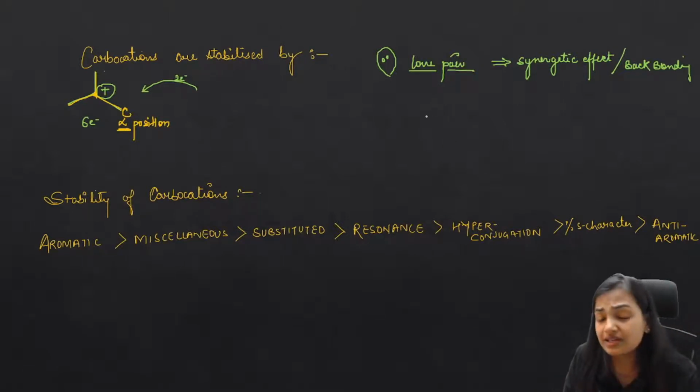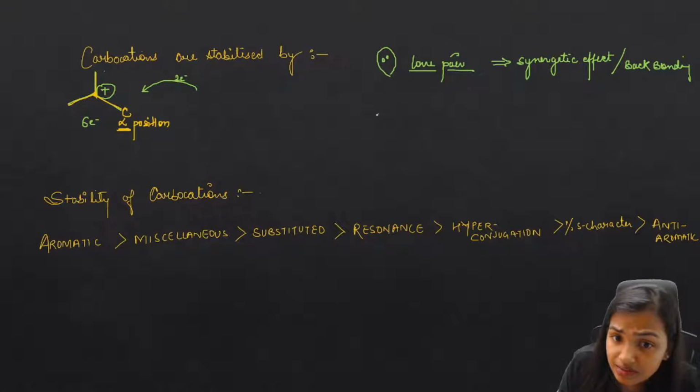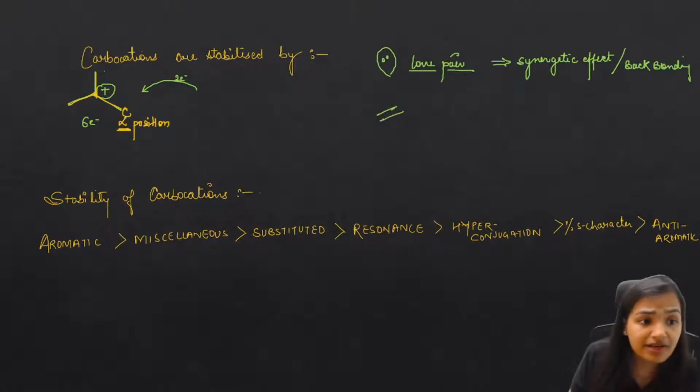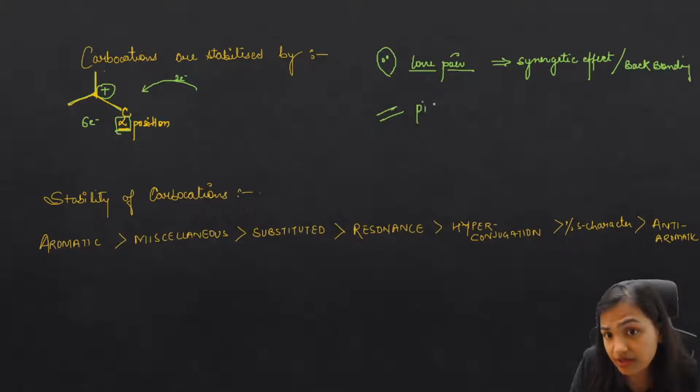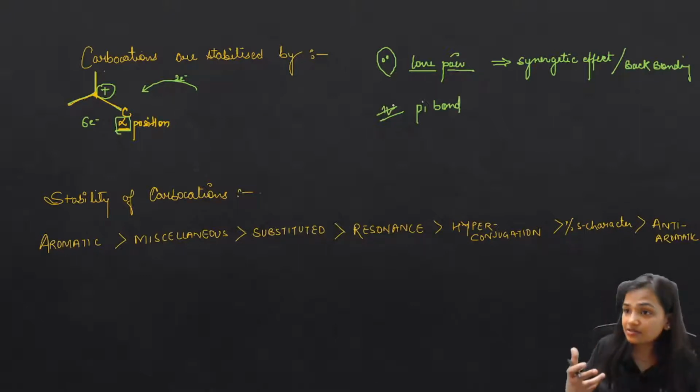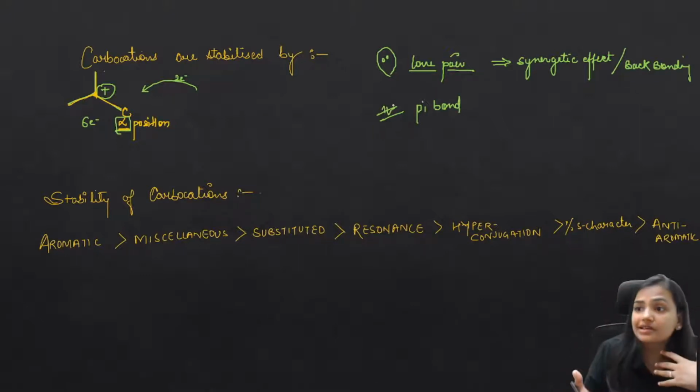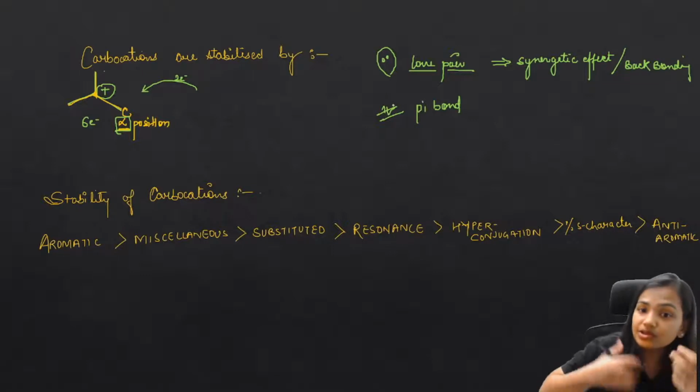Another factor, the major factor, is basically the pi bond. If we do have a pi bond at the alpha position, pi bonds are basically loosely held electrons, and they are very nucleophilic in nature. They are good nucleophiles.